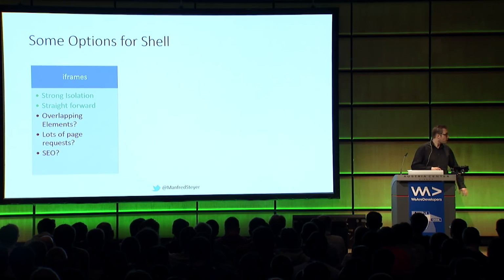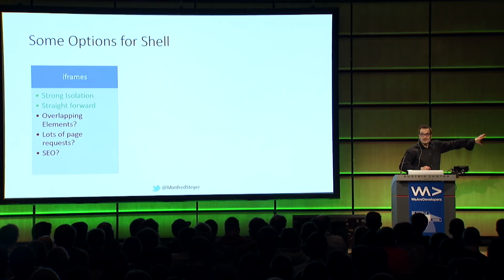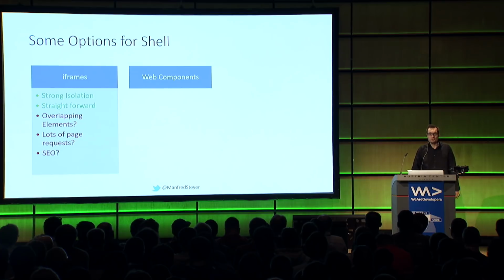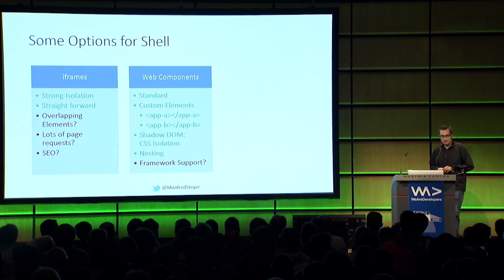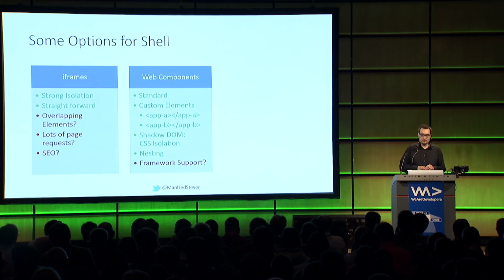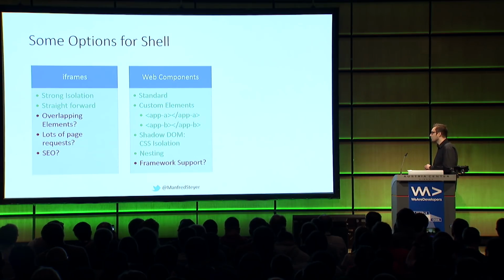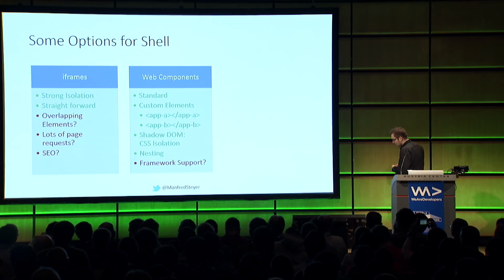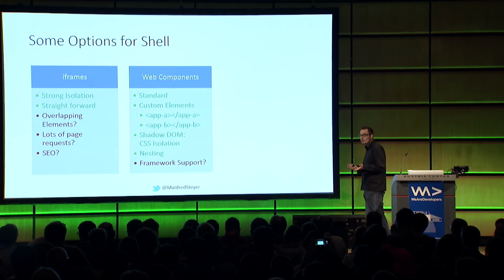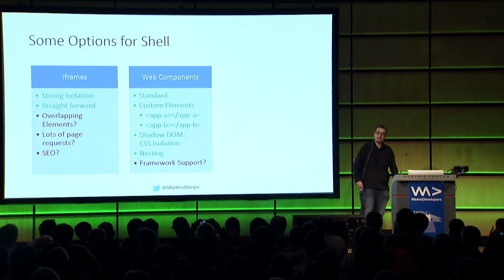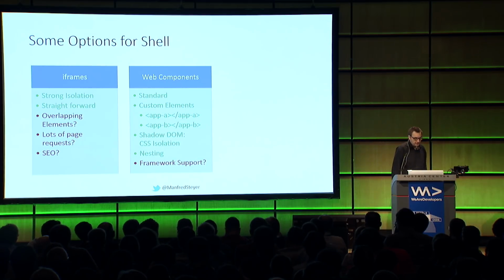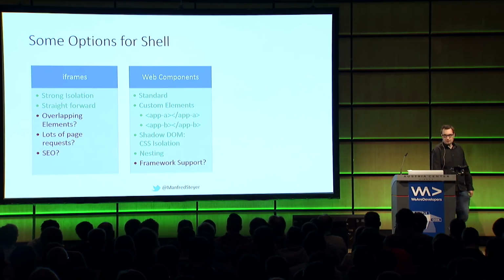When iframes are in this corner of the room, then the second solution is in that corner of the room. It's about web components. A new, nice standard that allows you to use custom elements. The idea is to create your own HTML tags. And as a matter of fact, a whole application is just a component. Just think about Angular or other modern single-page application frameworks.